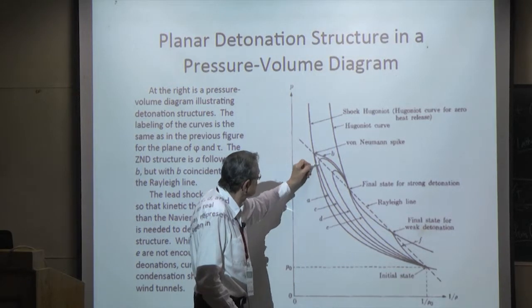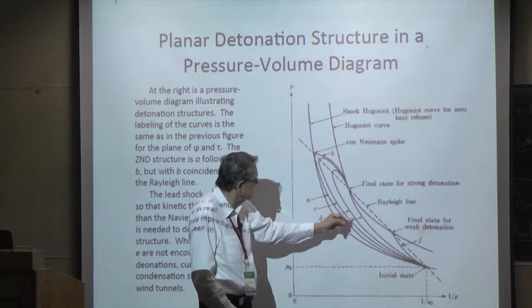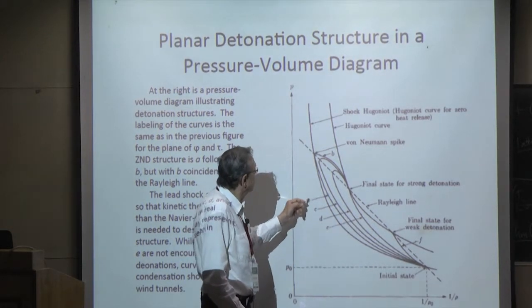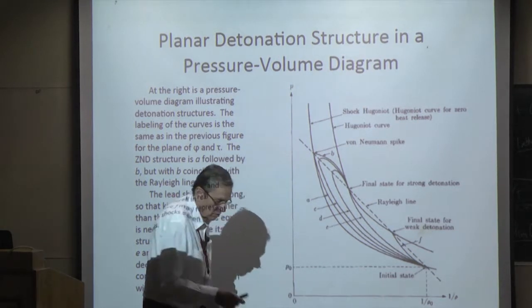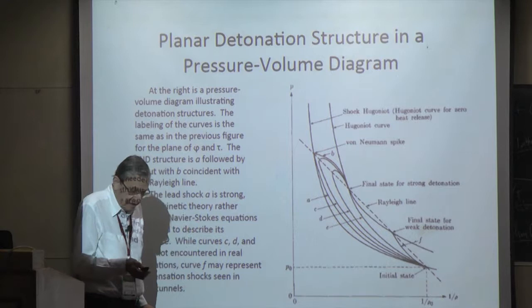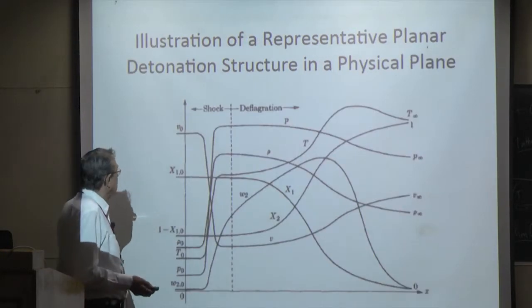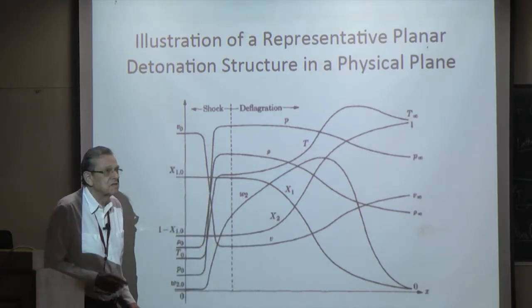If you increase the reaction rate more and more, you start to get this sort of thing. But the physically realistic one is not EDC, it's rather A followed by B. That's a physically realistic planar detonation structure. That looks like this. This is the structure in physical space.